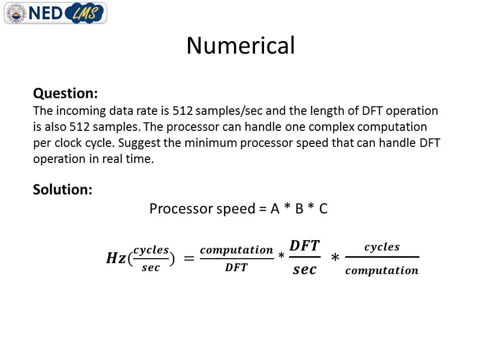So you can also cancel the dimensions which are common. DFT is cancelled with DFT, and computation cancels with computation, and we will end up with cycles per second, which is actually hertz, and hertz represents the processor speed.